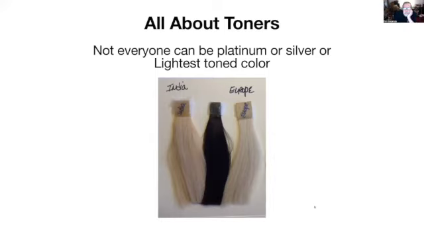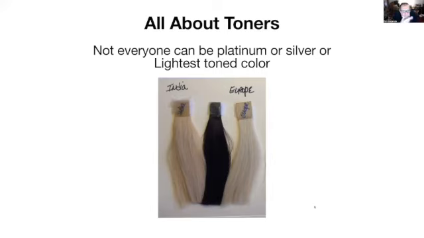This is why not everyone can be platinum or silver or even the lightest toned colors. Look at these two pieces of hair. They both started out as darkest brown, not quite black, but darkest brown. The one on the left is from India, whereas the one on the right is from Europe. And look at how they lightened differently. The one on the left has much more color in it, and the one on the right is almost completely void of any yellow in the hair.